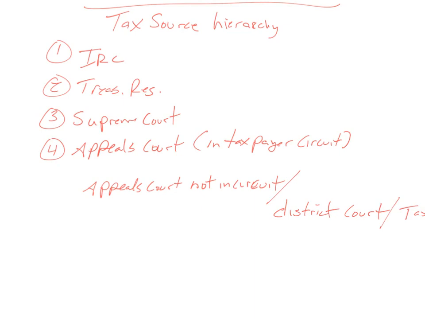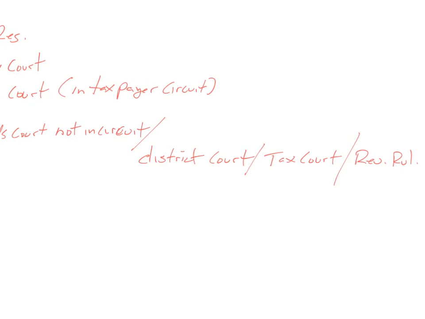Then an appeals court case not in the circuit, followed by district court, tax court, revenue ruling. Those all have the same level of precedence, okay? So which you would put first is situationally dependent. How recent is the case? How closely does it align with your facts? There are all kinds of variables there that determine that.